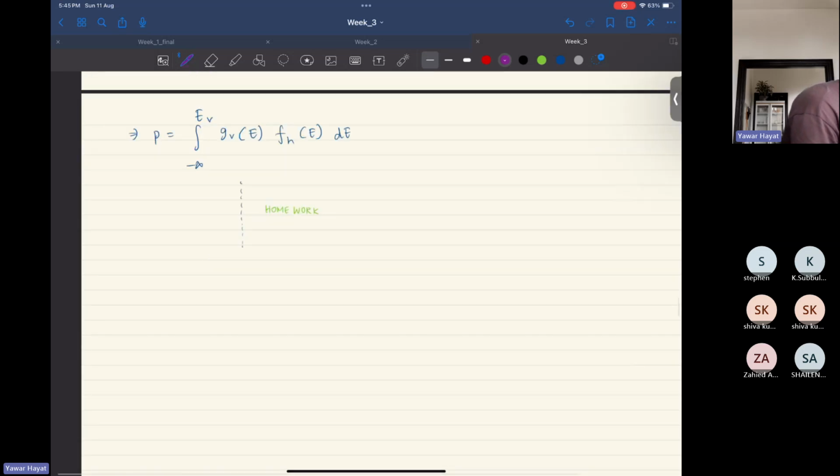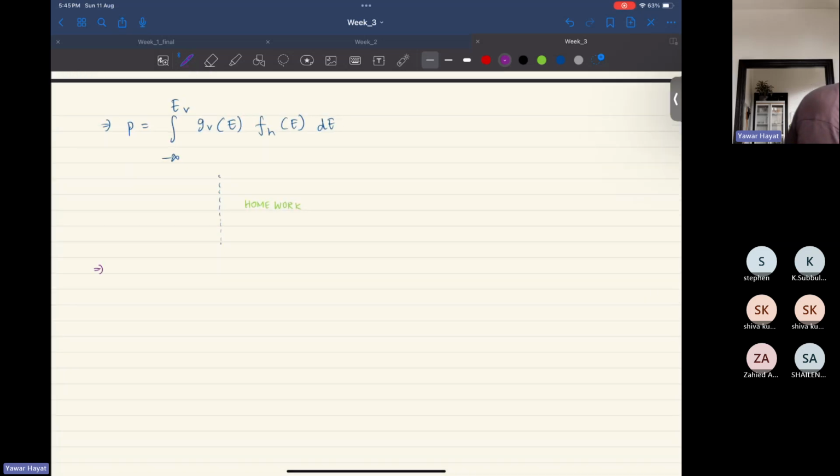And you'll arrive at this equation that your P is equal to the B factor, right?